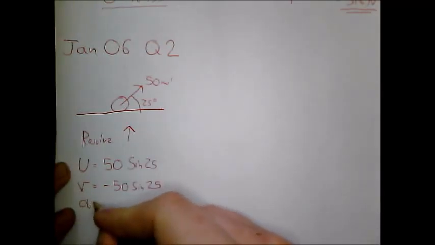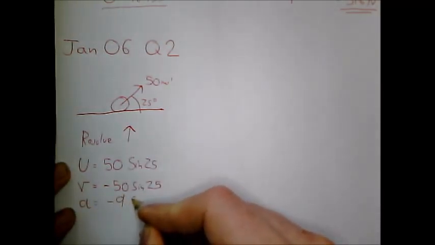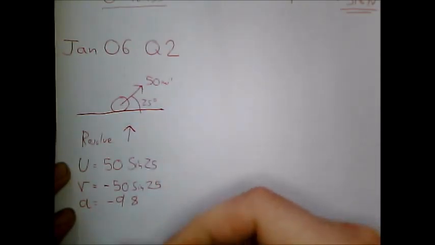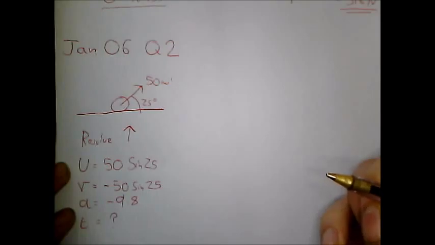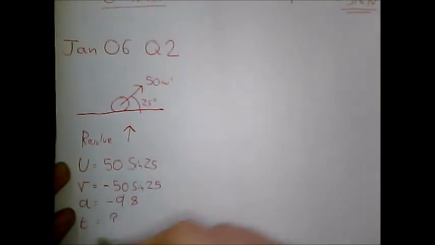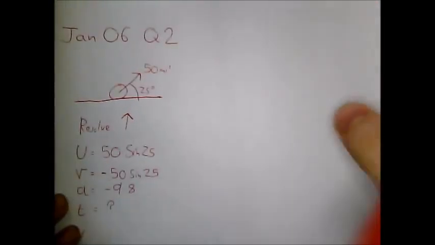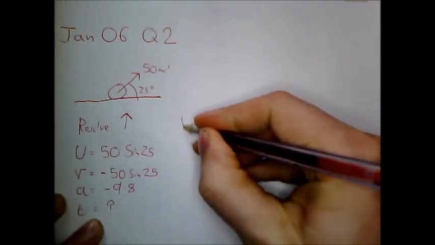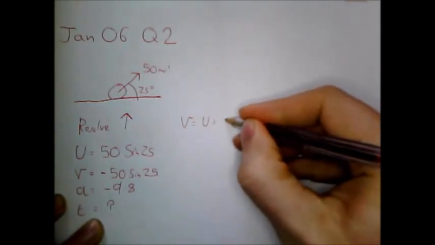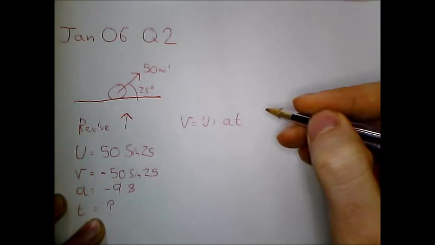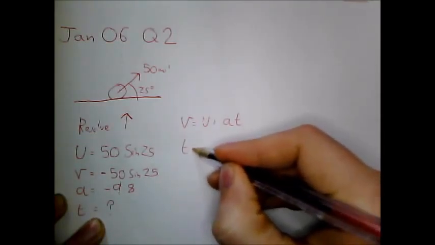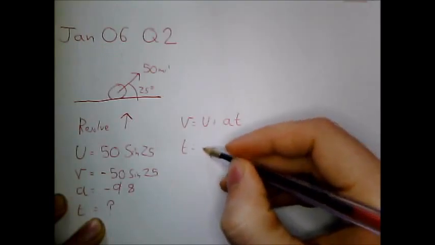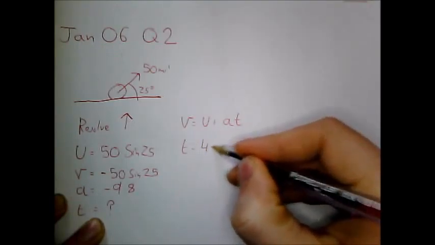The acceleration is negative 9.8 because we're resolving upwards, and we really need to know the time of this. Okay, so I'll do it here, using V equals U plus AT and doing some substitutions, you should find that you get a time of 4.31 seconds.